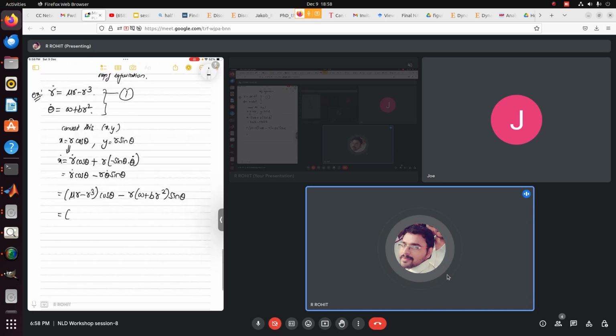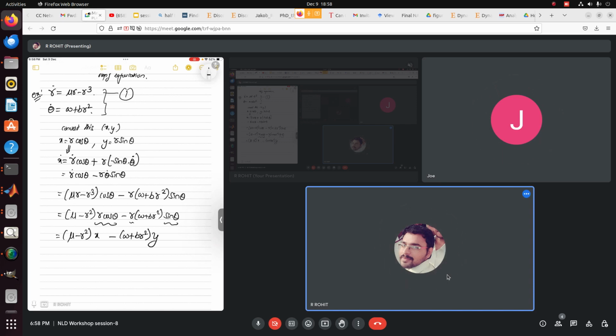Now if you take r common, you are left with (mu minus r square) r cos theta minus (omega plus b r square) r sin theta, and r cos theta and r sin theta are nothing but x and y.